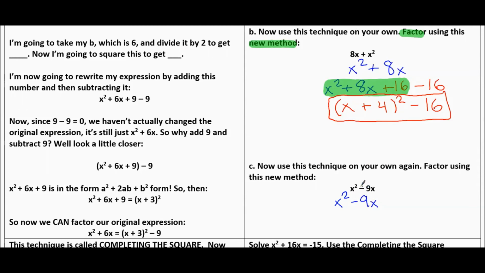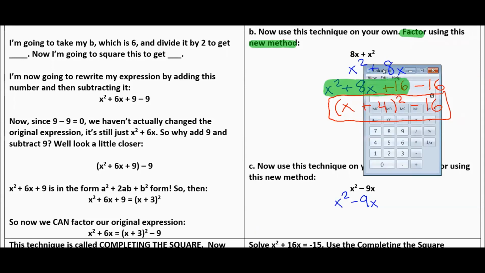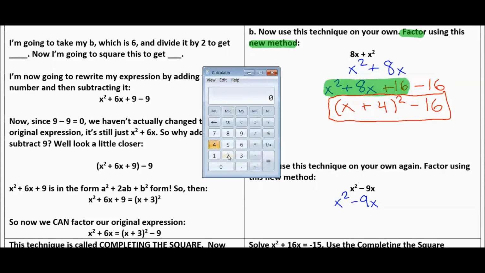And now what is negative 9 divided by 2? It's negative 4.5, right? And 4.5 times 4.5. Now, I know what that is, but even if you didn't, you could simply get out a calculator and go 4.5 times 4.5, you get 20.25.